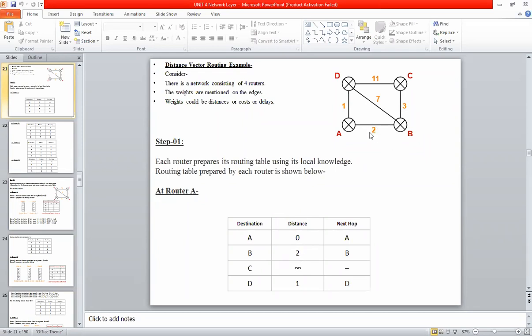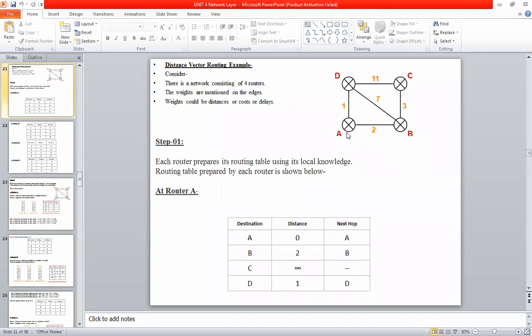These numbers we call a distance, a cost, a weight, or a delay. The distance is 2, and the destination is B itself.